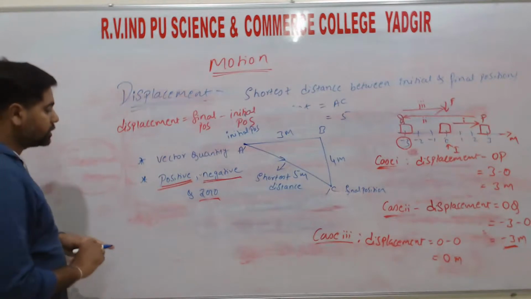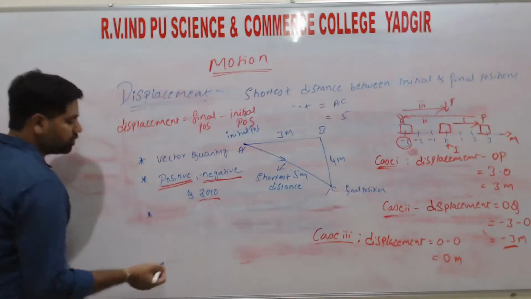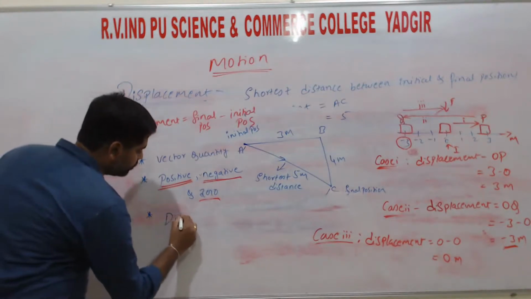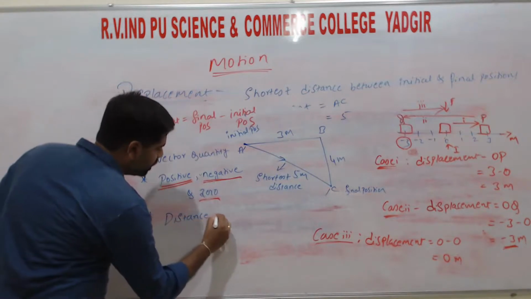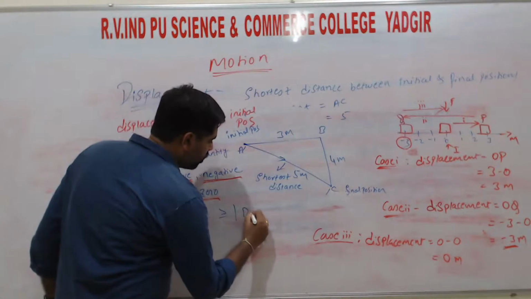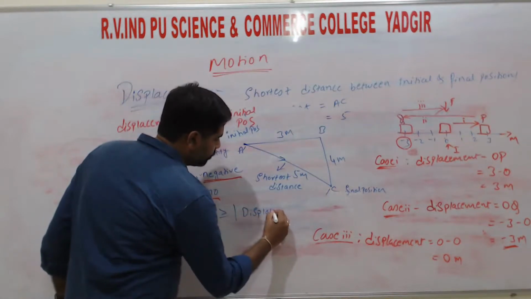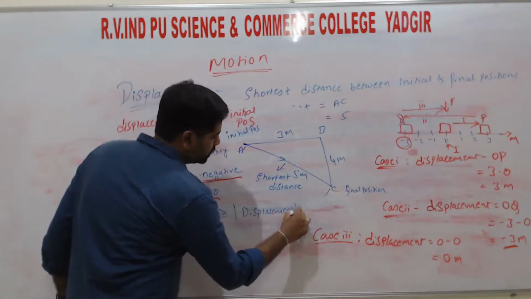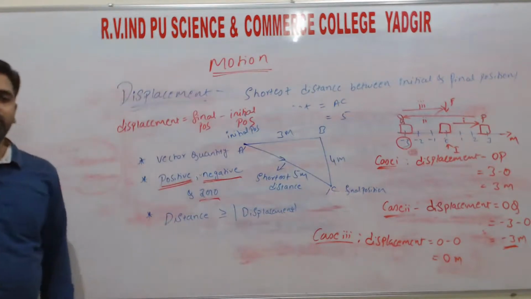Next, the third point is the magnitude, that is, distance is always greater than or equal to the magnitude of the displacement, right?